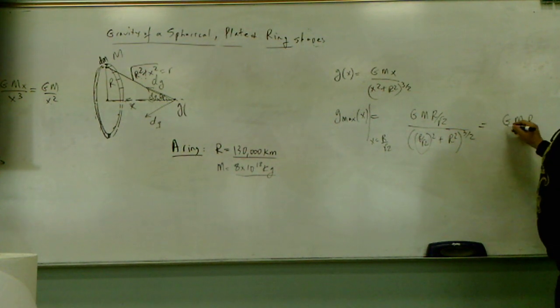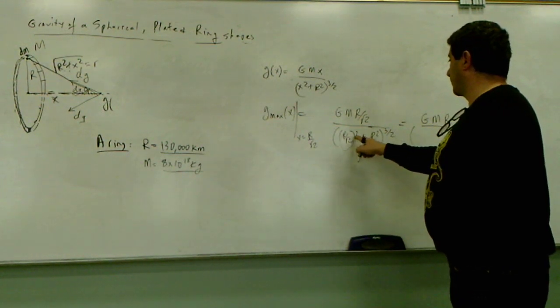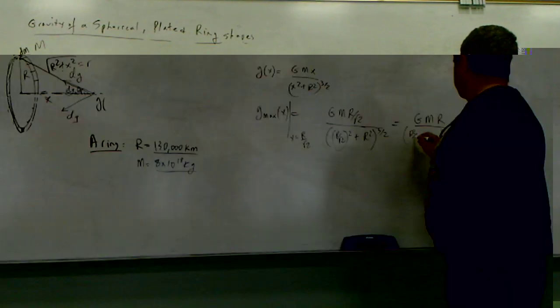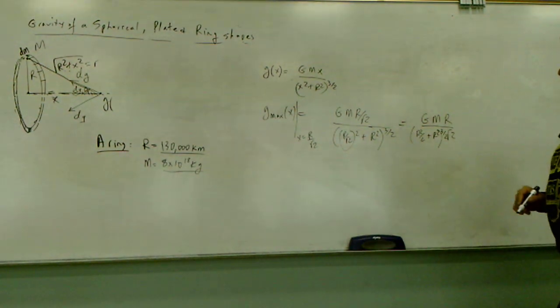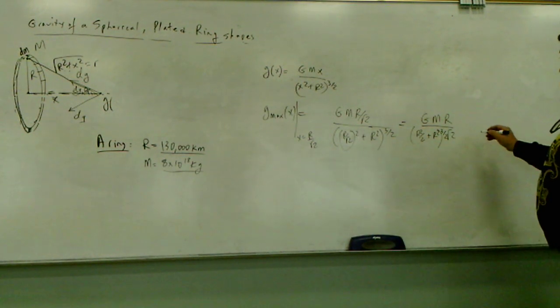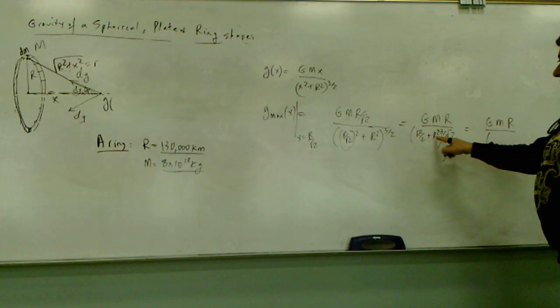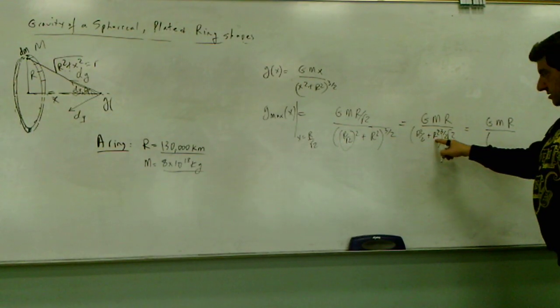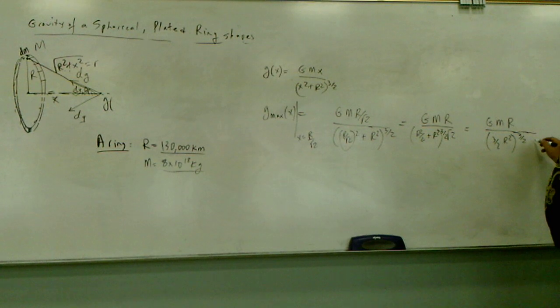GM r over root 2. Then over here you would go r squared over 2 plus r squared to the 3 halves power. Right? Because r over root 2, you're squaring that, you're going to get r squared over 2. So then here you're going to get GMr over 3 halves r squared to the 3 halves power times root 2.